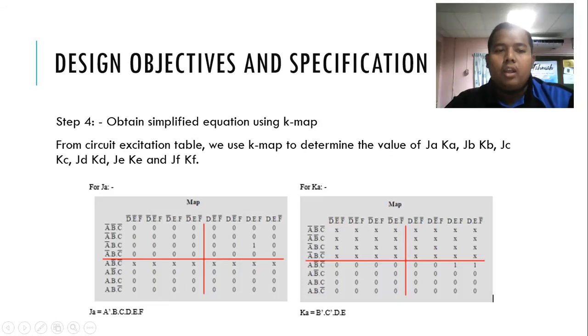Next, we obtain simplified equations using K-map. From the circuit excitation table, we use K-map to determine the values of JA, KA, JB, KB, until JF and KF, which are for the 6 flip-flops that we use. This is an example of one flip-flop and the K-map for the J and K inputs of the flip-flop.